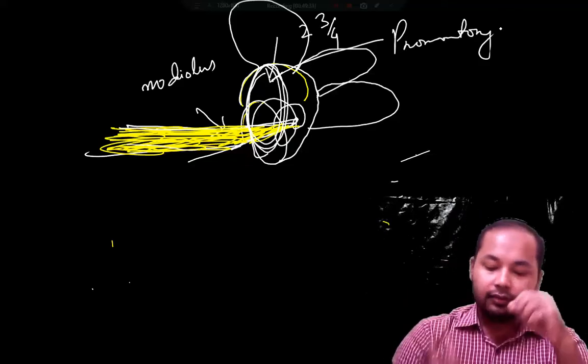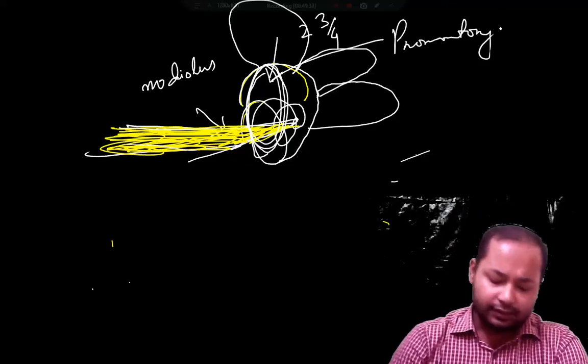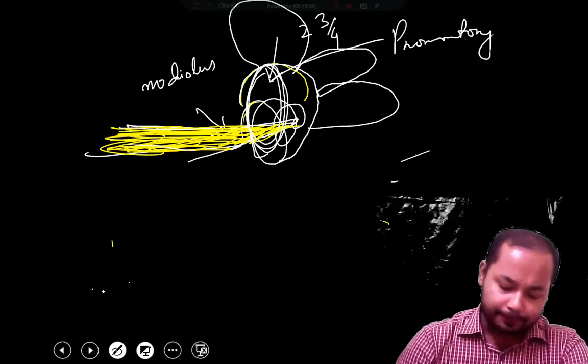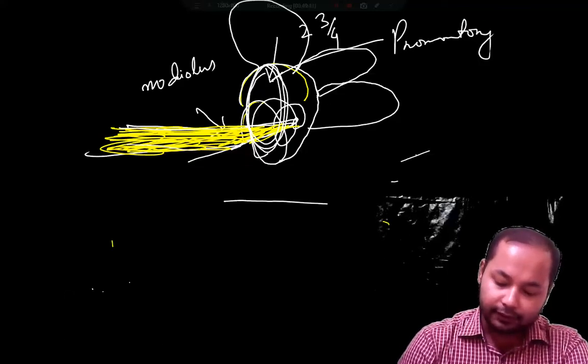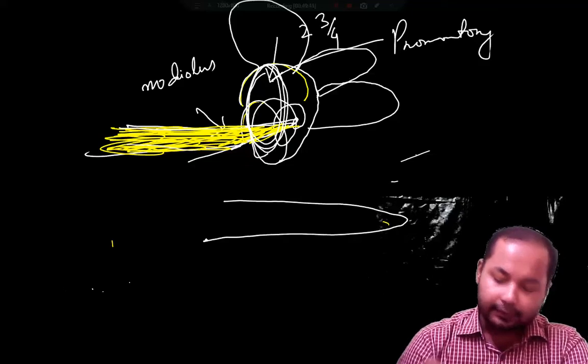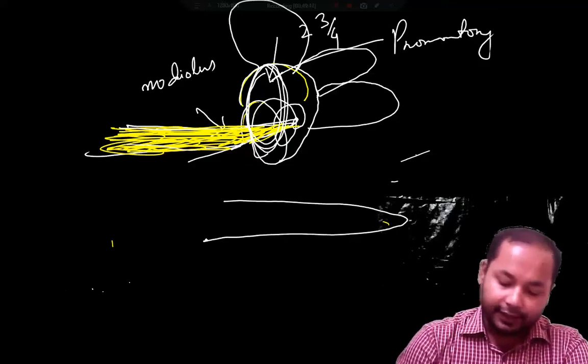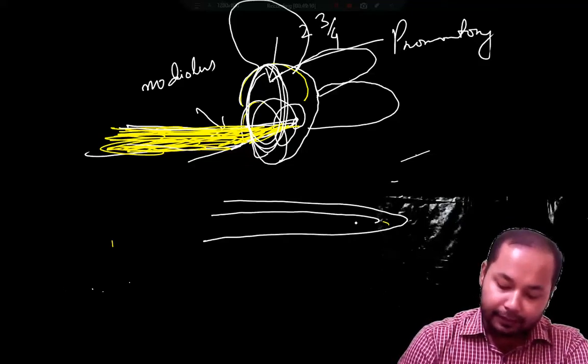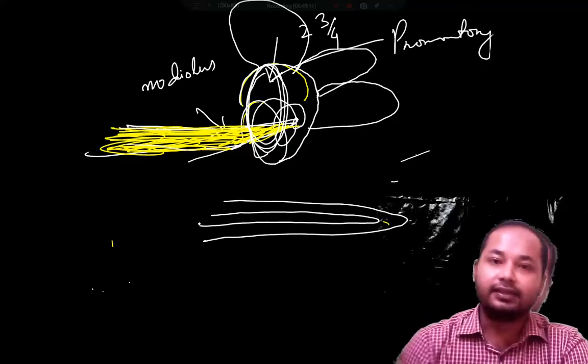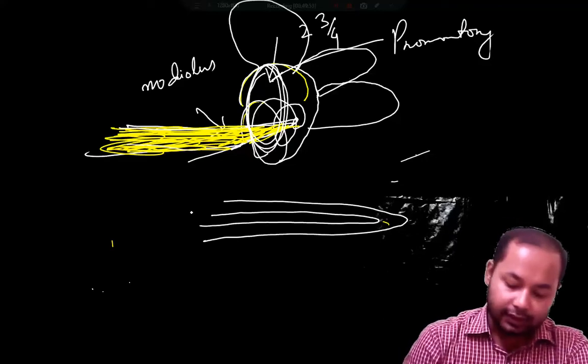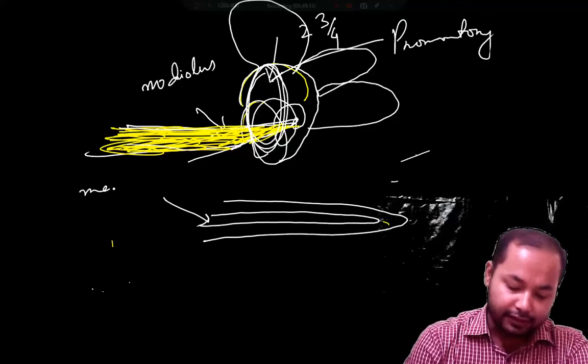Now suppose I make this cochlea a straight one. What I will get is a membranous structure inside, which is called the membranous labyrinth.